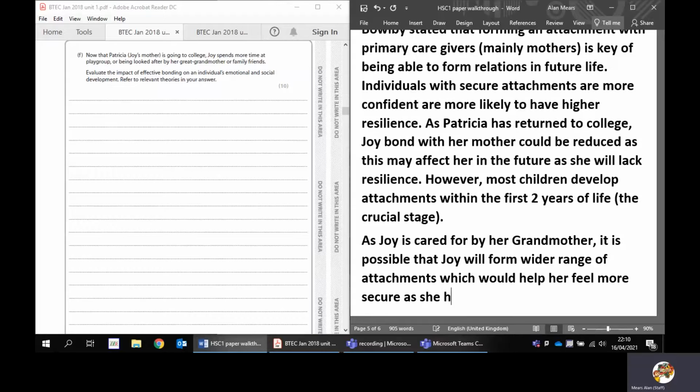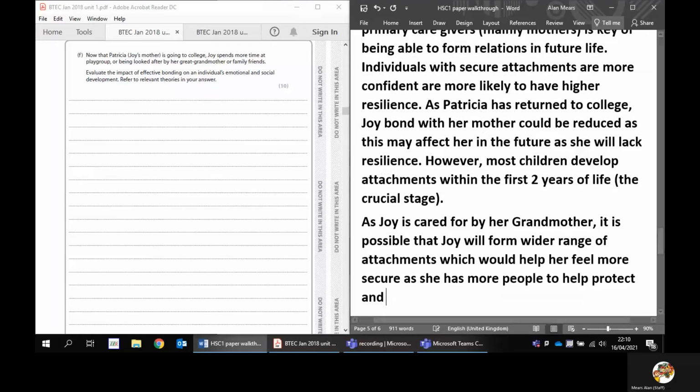She has more people to help protect her. So we've gone down the emotional development, the attachment route, that having been cared for by her grandmother, she will probably have more attachments.